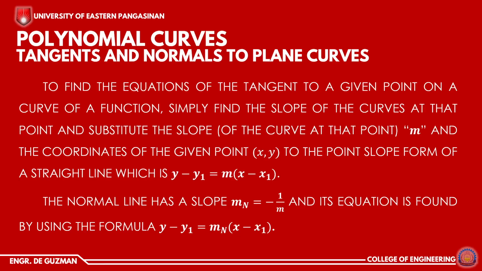So dito, tatandaan natin na meron tayong tangent line. So sa tangent line, una hahanapin natin ang slope ng given function. After that, para mahanap natin yung value ng slope, or yung slope is the m or y prime.